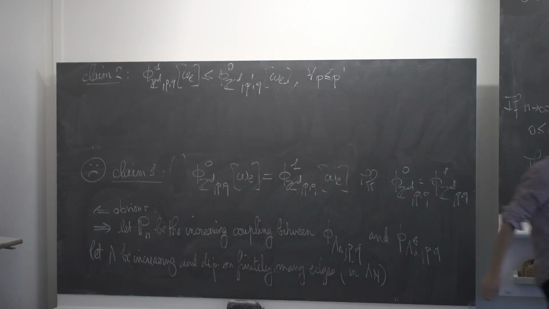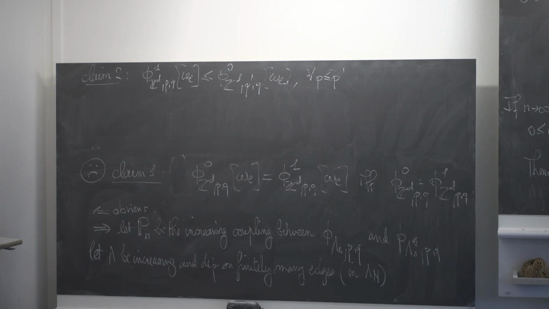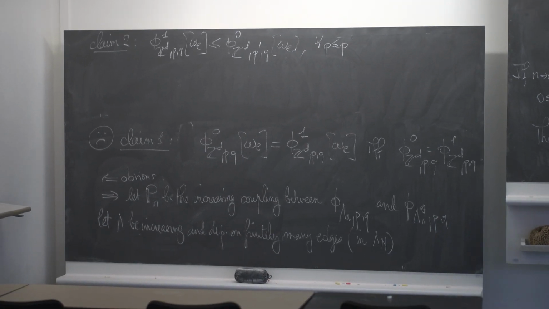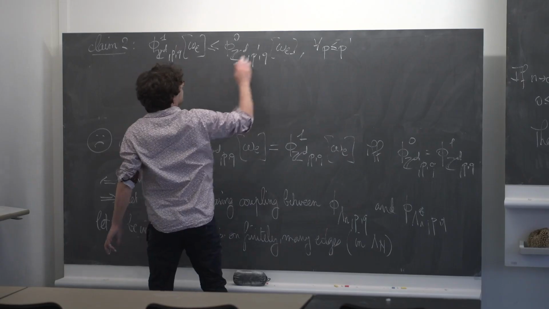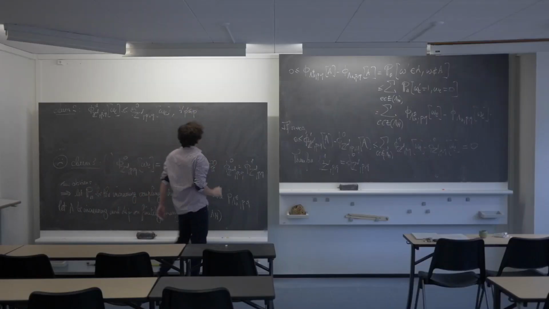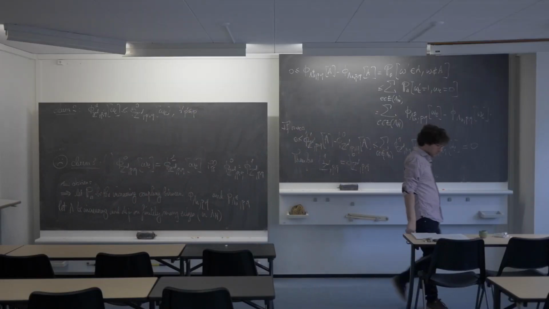And maybe not to make a mistake, I'm going to try to have consistent formulas, so I'm going to put a P prime here and a P here, like that. This is going to be claim 2.